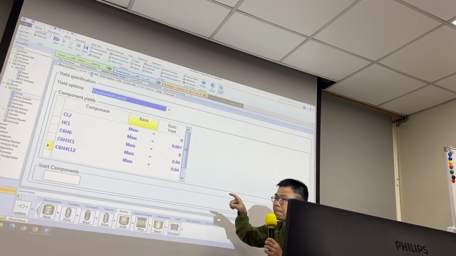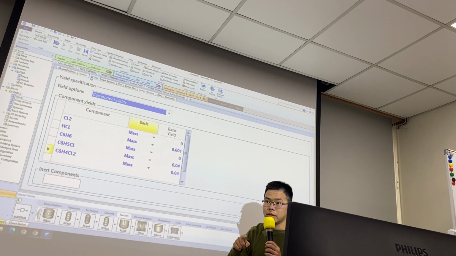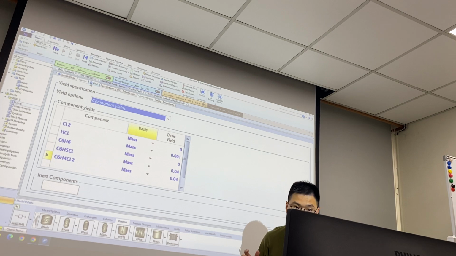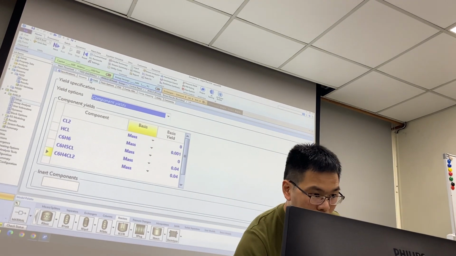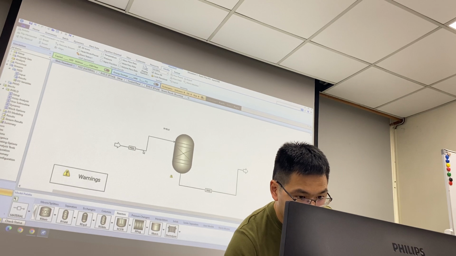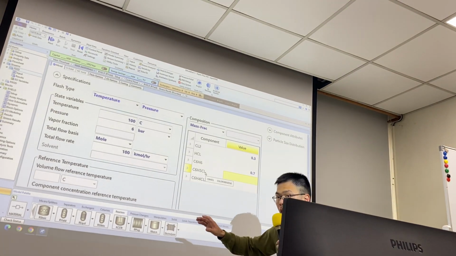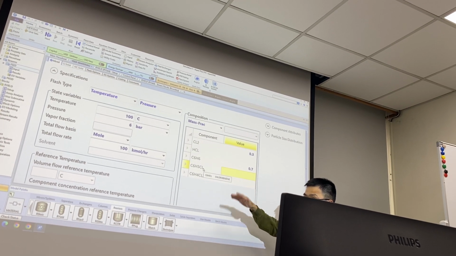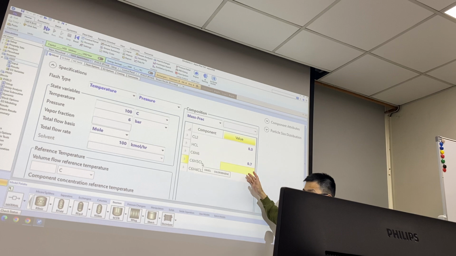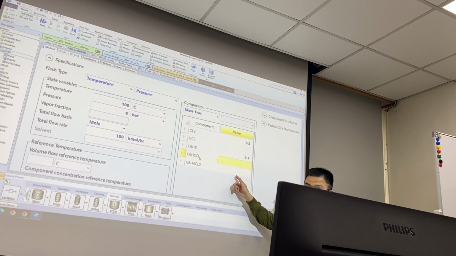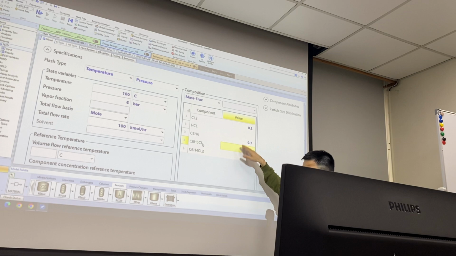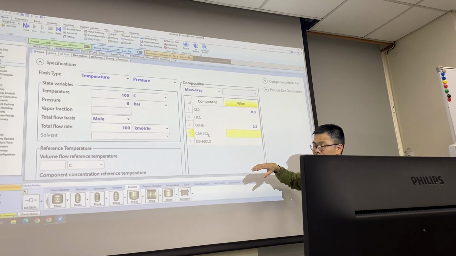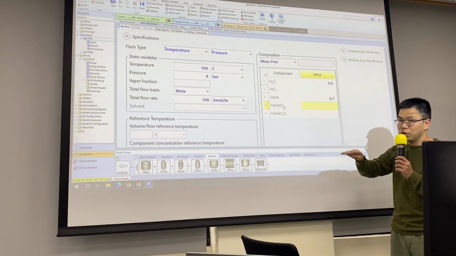Because as I mentioned when we did the input setting, we always keep the total fraction, whether mole fraction or mass fraction, as unity. And if the total is not unity, Aspen Plus will normalize for you.